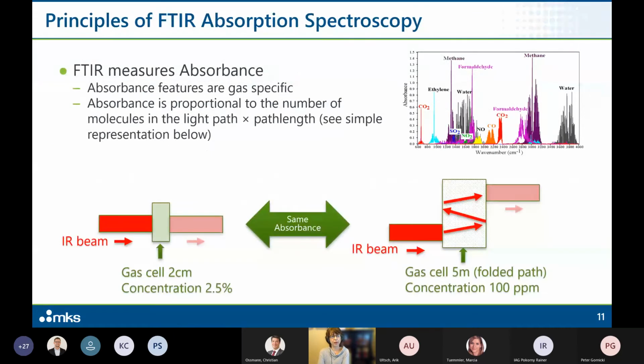A little bit of background on FTIR absorption spectroscopy. FTIR measures absorbance, and the absorbance features are gas specific, as you can see on the right. These are the absorbance features of many different gases, and this is the power of FTIR.